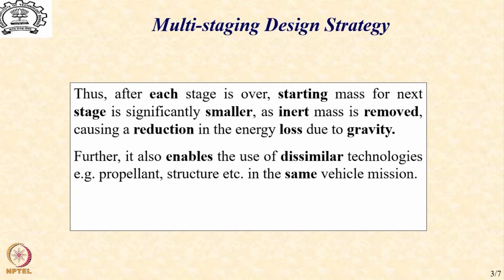It can use a different structure like metal, composite, frame structure, honeycomb, and in the process make the operation of each stage also more efficient and optimal. So not only the overall rocket becomes more efficient, it is possible for us to also individually make each stage more efficient.